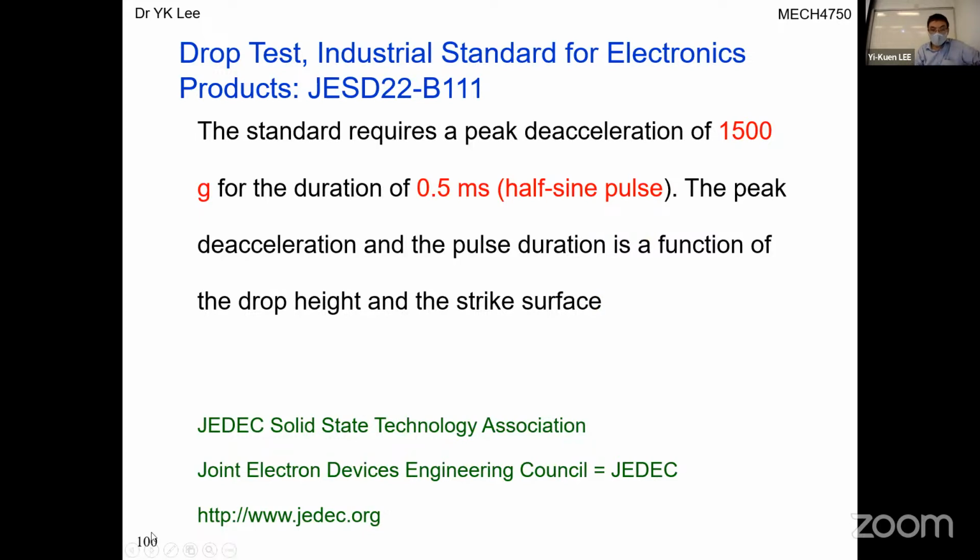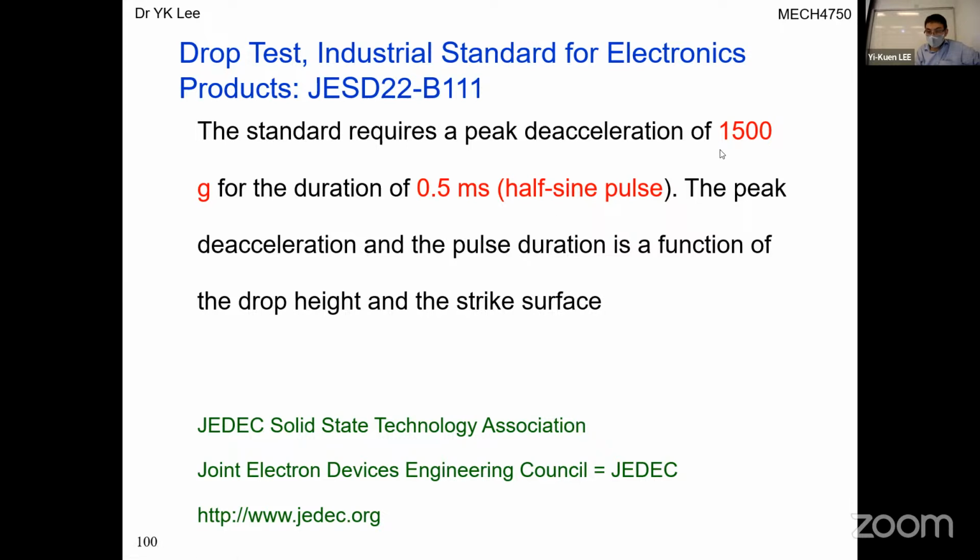So finally, here I show you one more. This kind of standard drop test is for the electronic industry, like JEDEC. JEDEC is one of the important associations that provide this kind of vibration standard, most likely for electronic products.